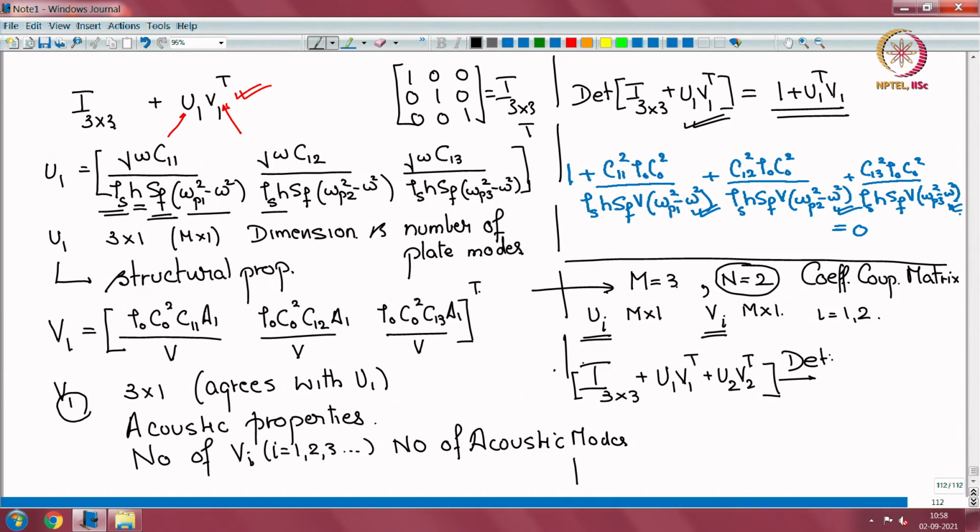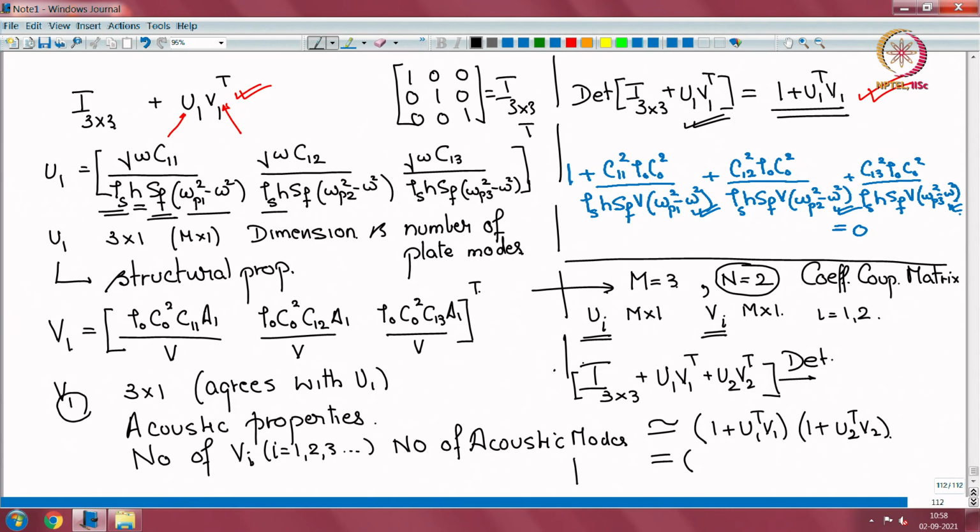And how does the determinant look? It approximately, not exactly, looks like 1 plus U1 transpose V1 into 1 plus U2 transpose V2. Till here it was exact, but here it is only approximate.